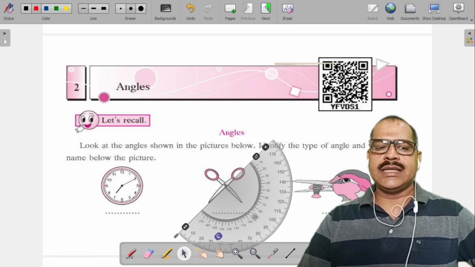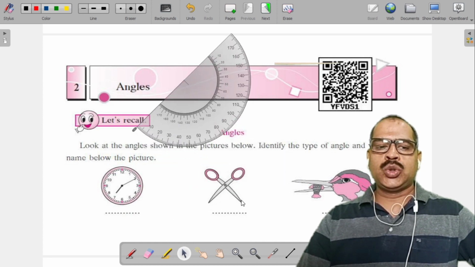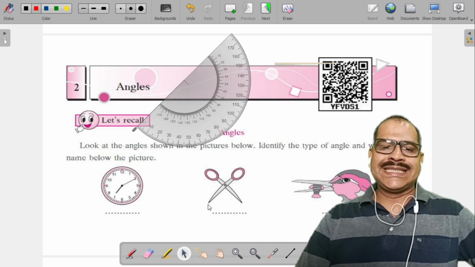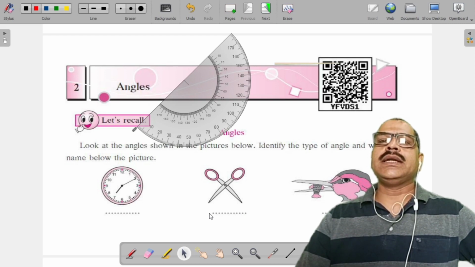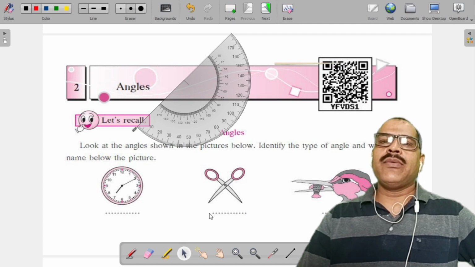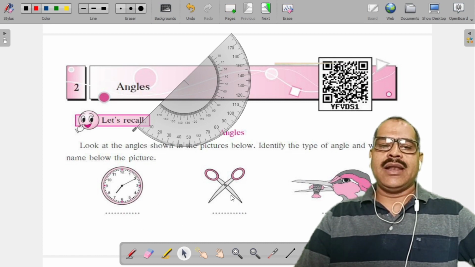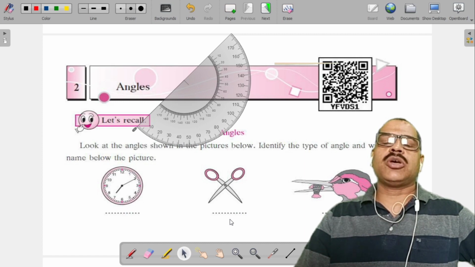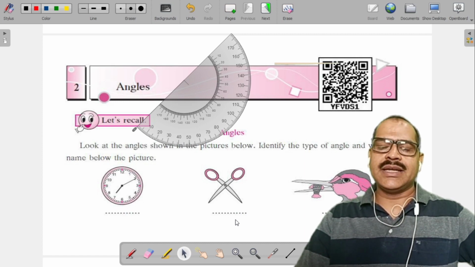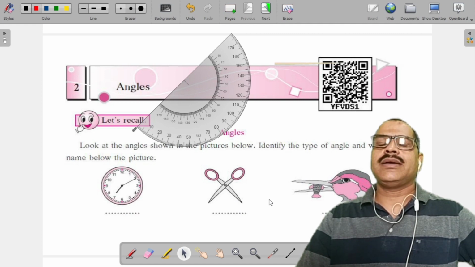Here the second side comes, and that's why the angle between the 2 edges of the scissor is 90 degrees. The angle which has a measure of 90 degrees is called a right angle. Here the measure of the angle between the two edges of the scissor is 90 degrees, and that's why the angle made between these two edges is a right angle.